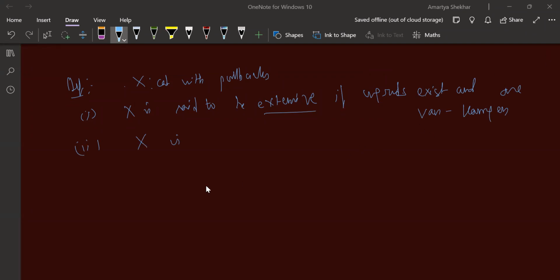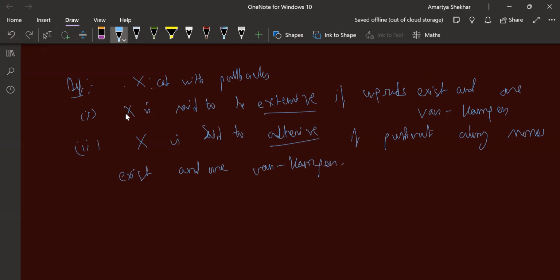Now I'm decently hydrated. X is said to be adhesive if pushouts along monomorphisms exist and are Van Kampen.